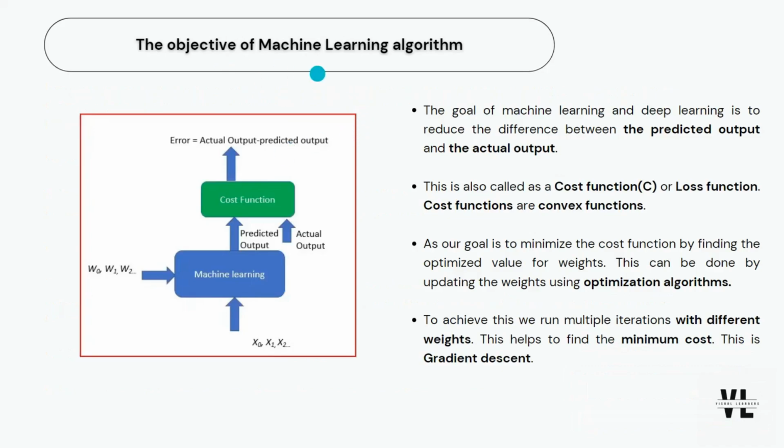So the objective of a machine learning algorithm is basically to reduce the difference between the predicted output and the actual output.